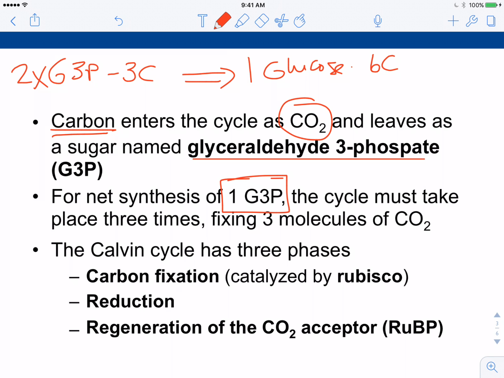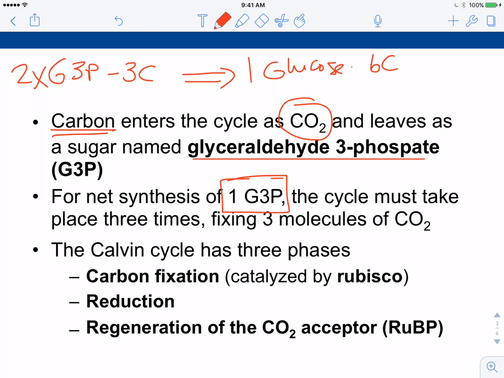Carbon fixation is catalyzed by this enzyme called Rubisco, which I'll talk about more on the next slide. And then the second phase of the Calvin cycle is reduction. This is where we add the energy in ATP and NADPH to our carbon molecule. And then the last phase is regeneration of the carbon dioxide acceptor, which is what we need to start the cycle again, which is RuBP, or ribulose bisphosphate.